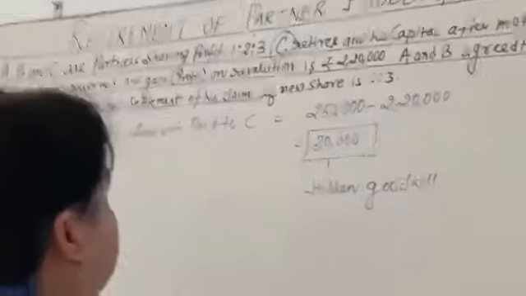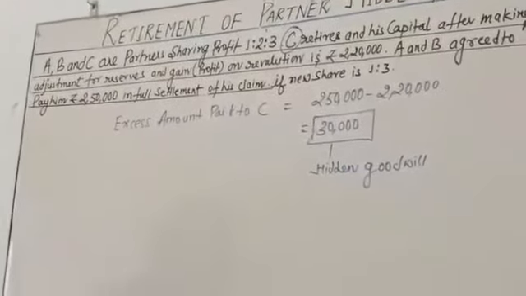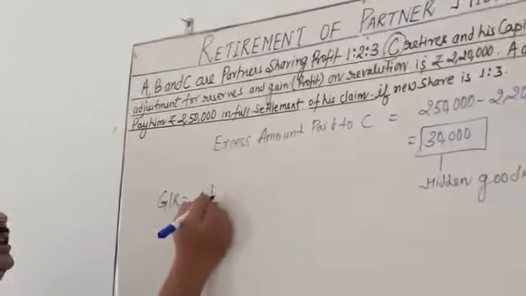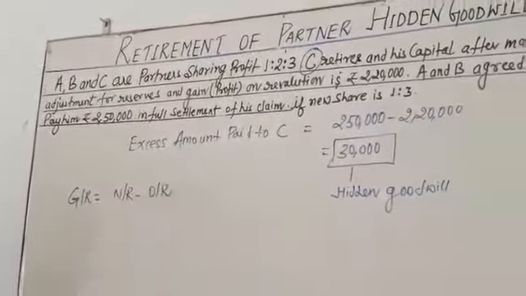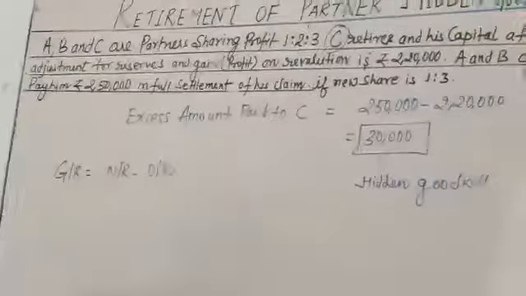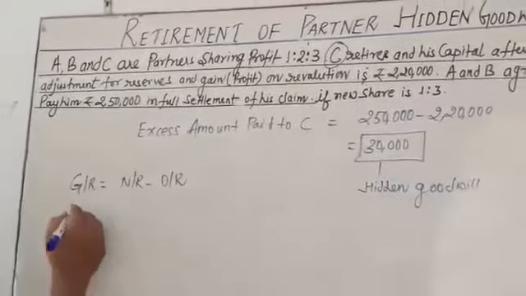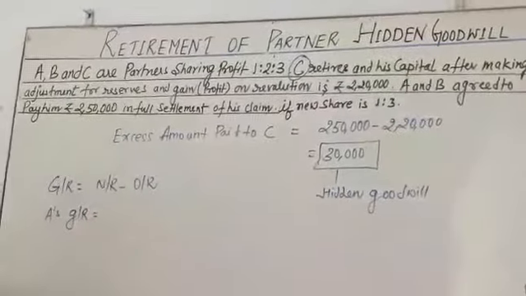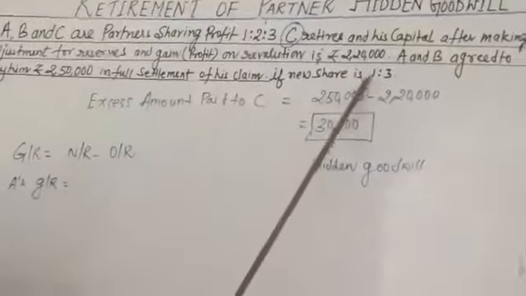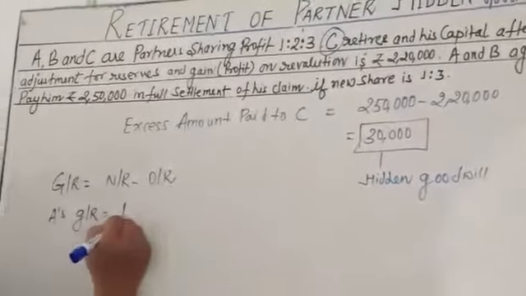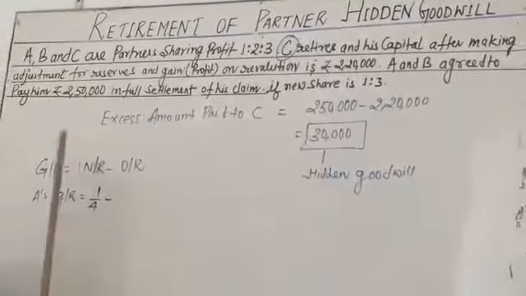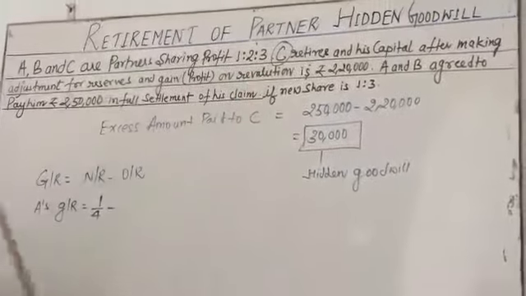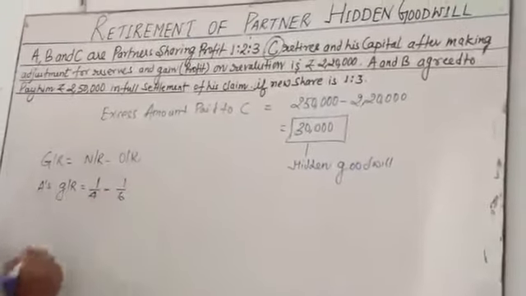Now your next task is to calculate the gaining ratio. You already know the gaining ratio formula: new ratio minus old ratio. In this question, A and B are the existing partners. So A's gaining ratio is equal to the new ratio of A, 1/4, minus the old ratio of A, which is 1/6.